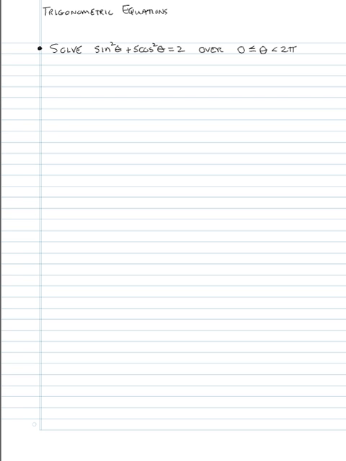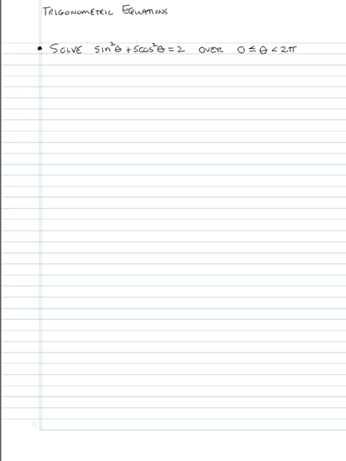That trig function occurred more than once, but it was only one trig function. In one case, we factored out a common factor. In the other case, we factored the left side like a trinomial. And so we have to deal with this, where neither one of those techniques works directly.